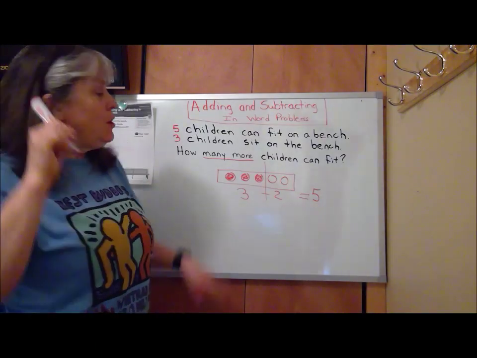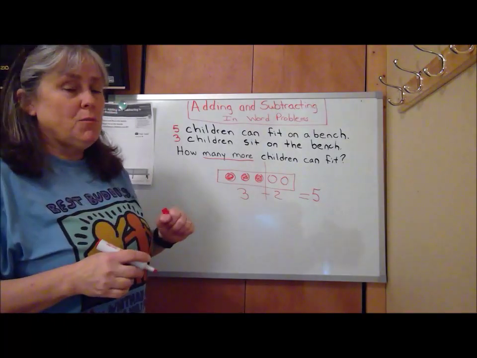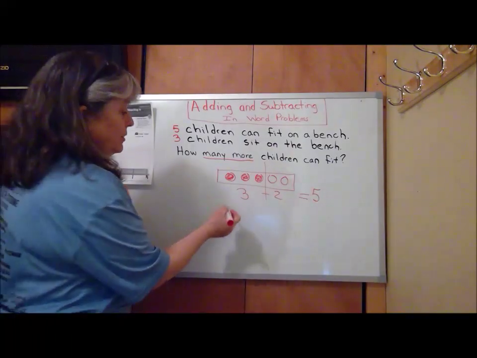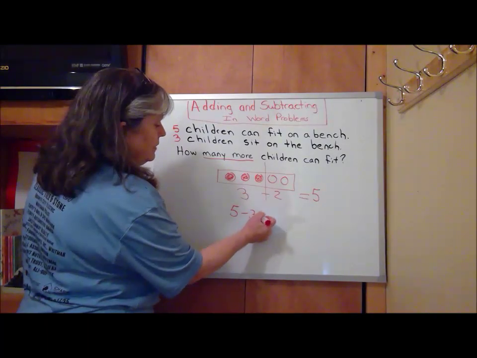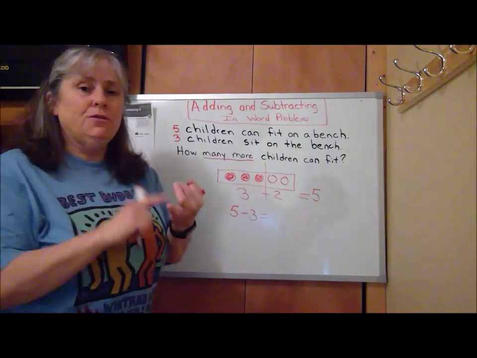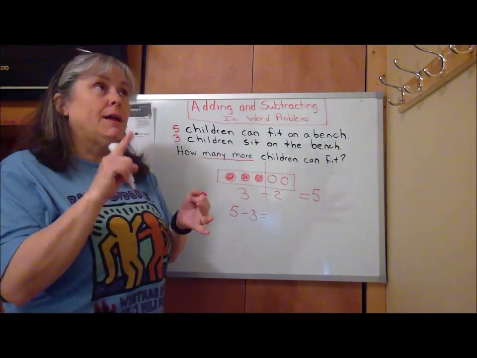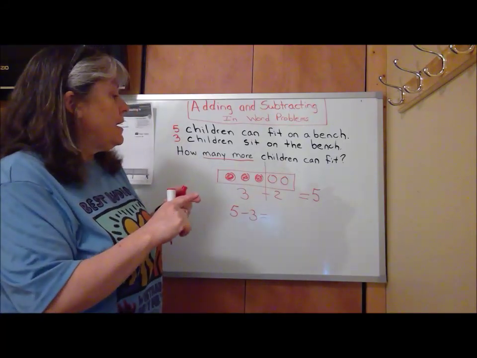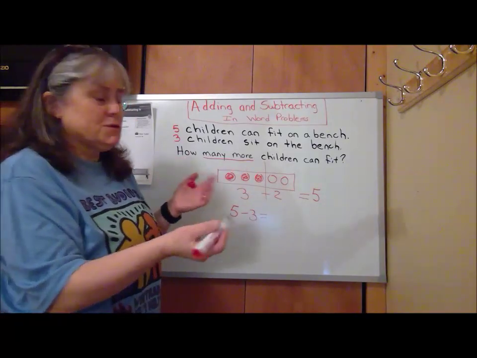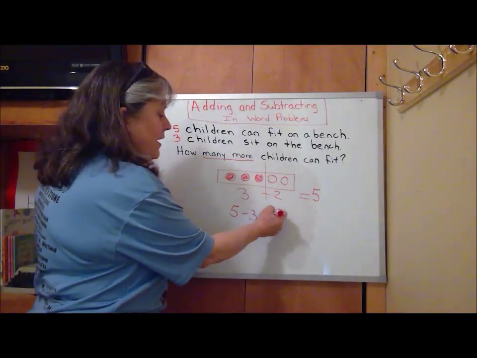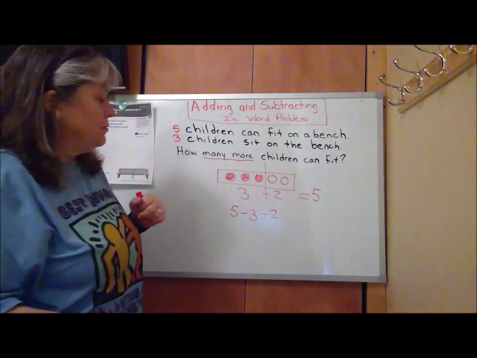If you already know that how many more means subtraction, you could have done 5 minus 3 equals, and then you could use counters or a number line or a hundreds chart to count back, or you could cross out. You could do all of those things. Or if you know your math facts, you would know that it's 2.